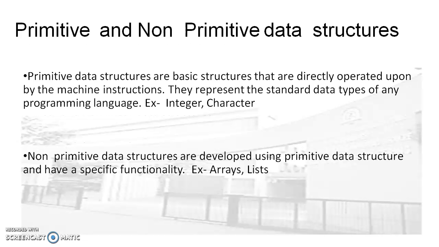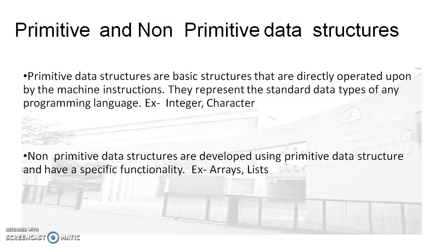Primitive and non-primitive data structures. Primitive data structures are the basic data structures that are directly operated upon by the machine instructions. They represent the standard data types of any programming language. As specified, these are the built-in data types and they store a particular type of data into it. So they can be integer, character or string.